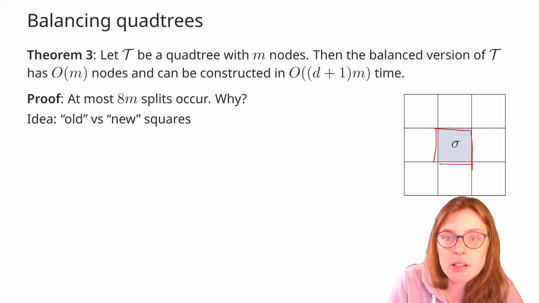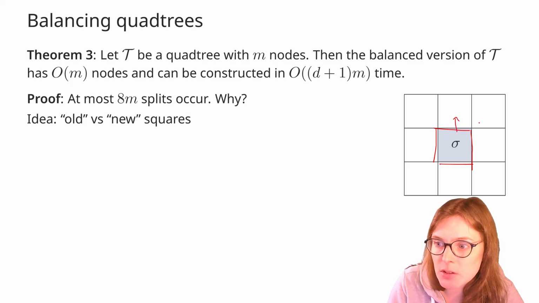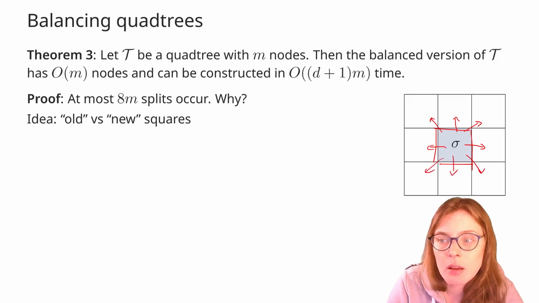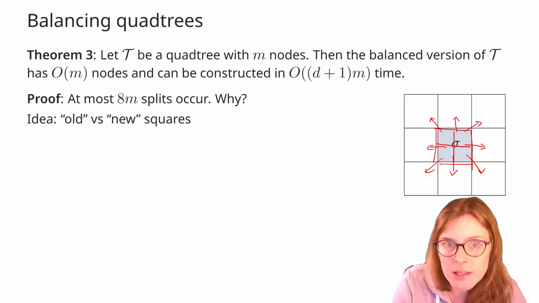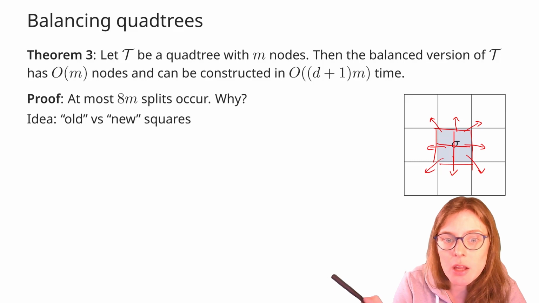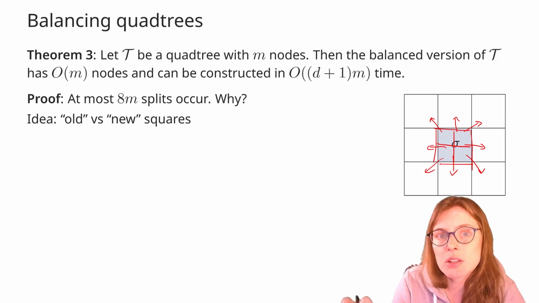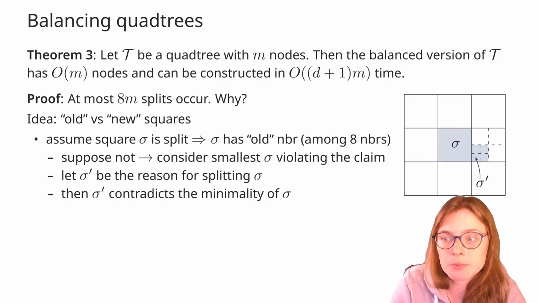We will consider its 8 neighbors, so the squares that lie on the same level or above. We will claim that if sigma had to be split, one of its 8 neighbors will be an old square, meaning the square that existed in the original quadtree.